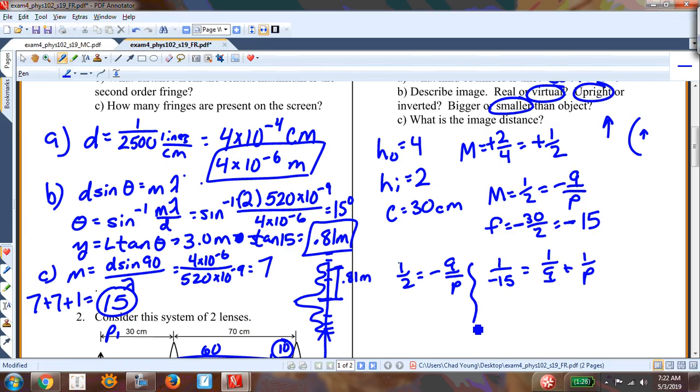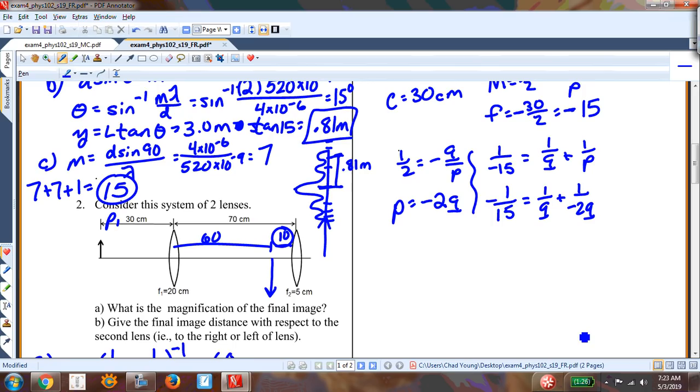I have these two equations, and I can solve one for the other. I want to know what is Q, so I'm going to say P is equal to negative 2Q. All I did was cross multiply there, and I got an expression for P that's in terms of Q. And now I can put that in for P, so I can solve this. 1 over 15, I find a common denominator, which is going to be 2Q.